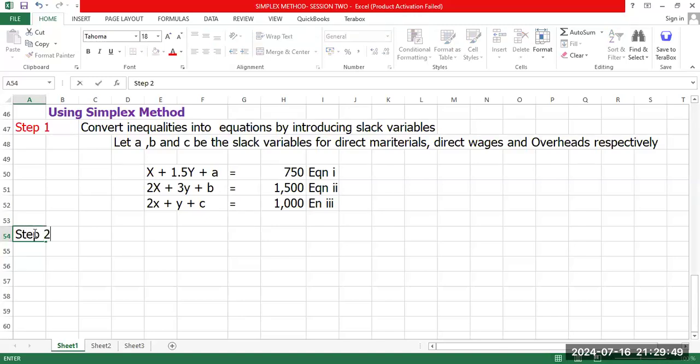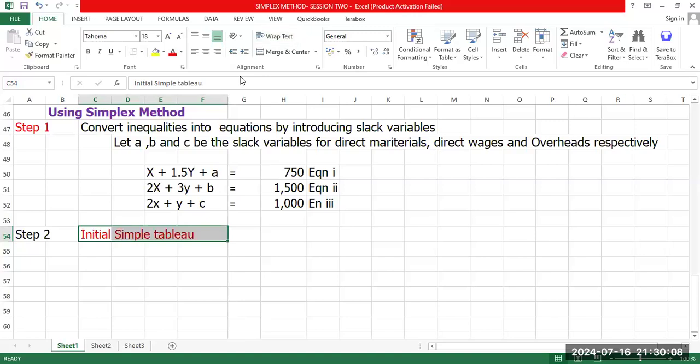All right. Step number 2, we are to form the initial simplex table. If this casing is hard for you, you just assume it is table.